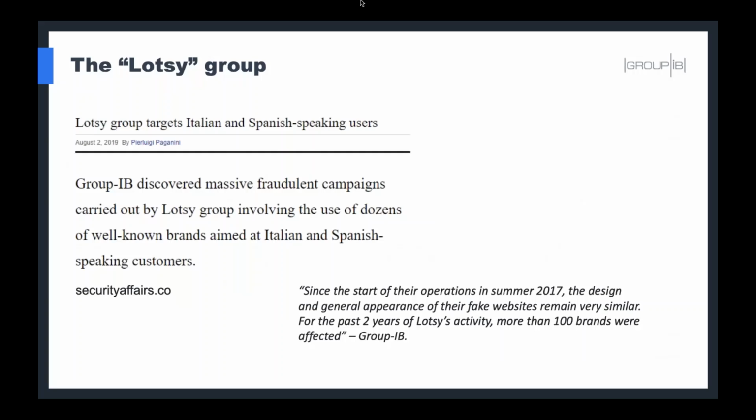So we detected, and I think it's not the proper way to say interesting, but we did just detect a group of fraudsters who have been practicing this scheme since 2017. So for at least 2 years. The biggest part we detected is connected to Italian and Spanish users.